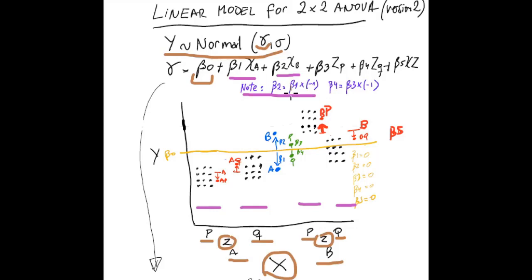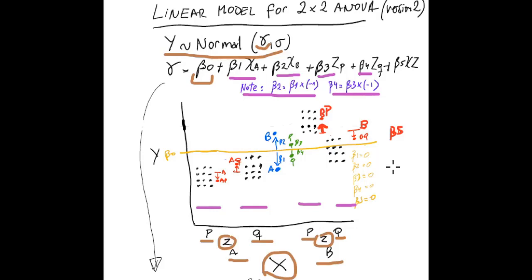So the constraint says that beta2 equals beta1 times -1. So that means that if beta2 is 0.2, then beta1 is -0.2. And the same with beta3 and beta4. Beta4 equals beta3 times -1. So that means that if beta3 is 0.72, then beta4 is negative 0.72.